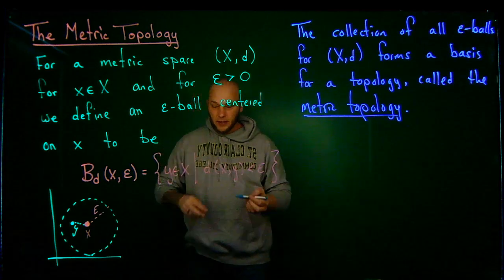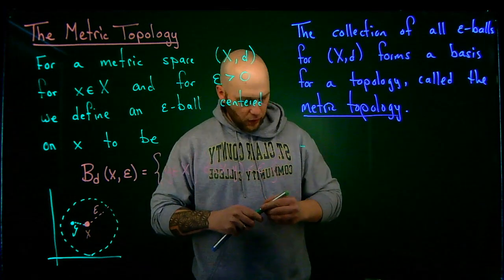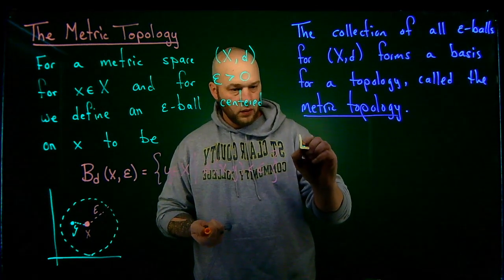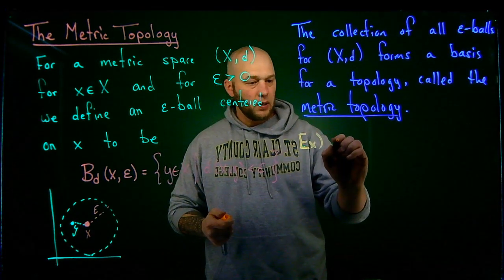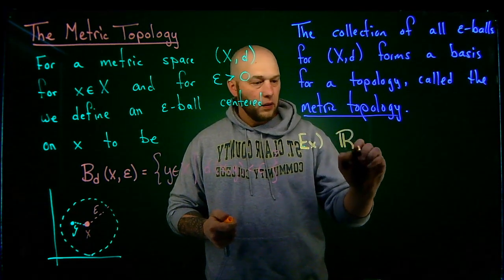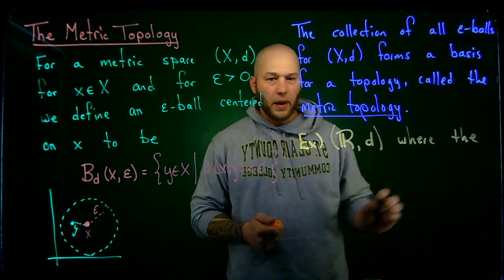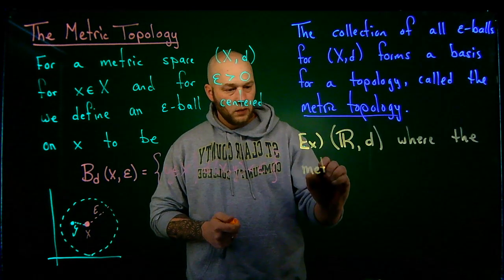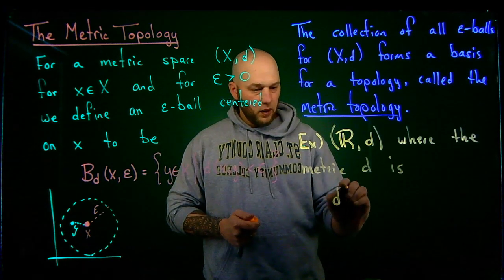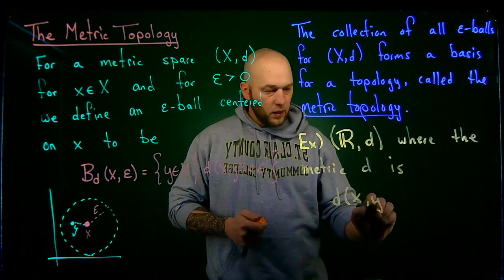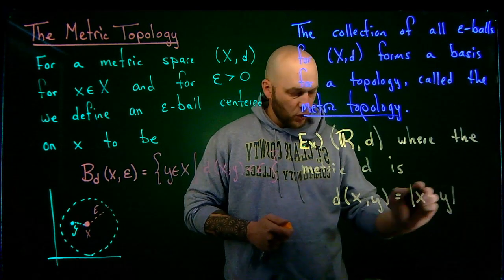Let's take a look at a handful of examples. For the first example, let's take the metric space consisting of R and d, where the metric d is the absolute value of the difference: the distance between two points is just the distance between the two points on a number line.